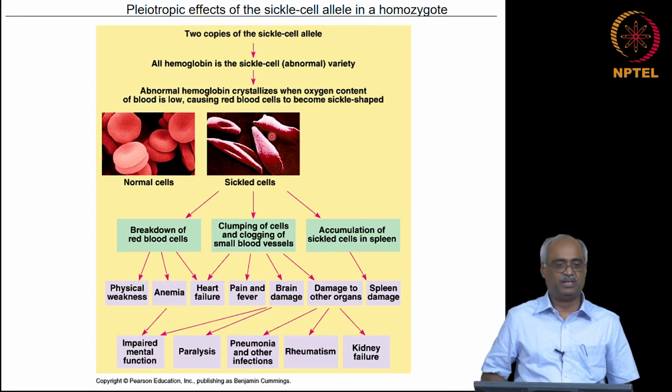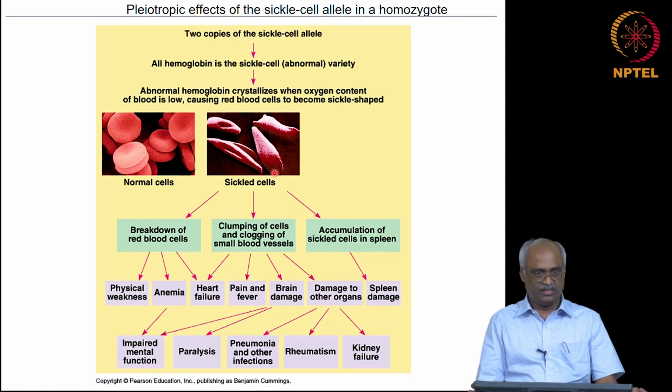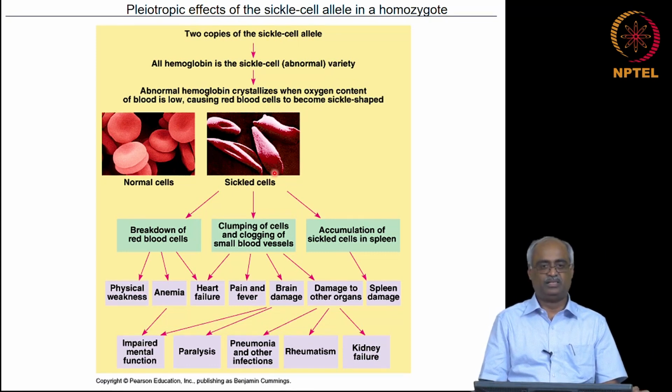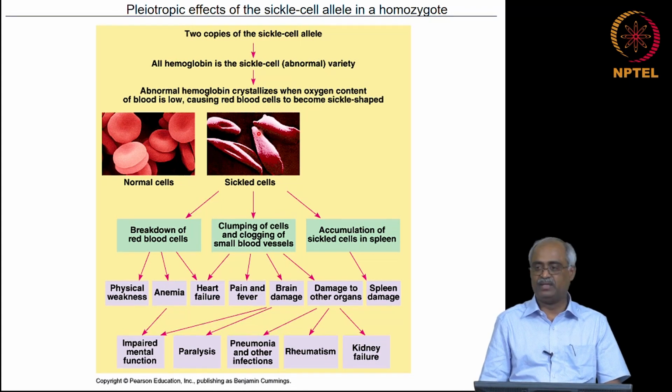The RBC becomes sickle shaped, and that is why this is called sickle cell anemia. The genotype is clearly one single variation. 2 different alleles, one has glutamic acid, another has valine, one single gene only.